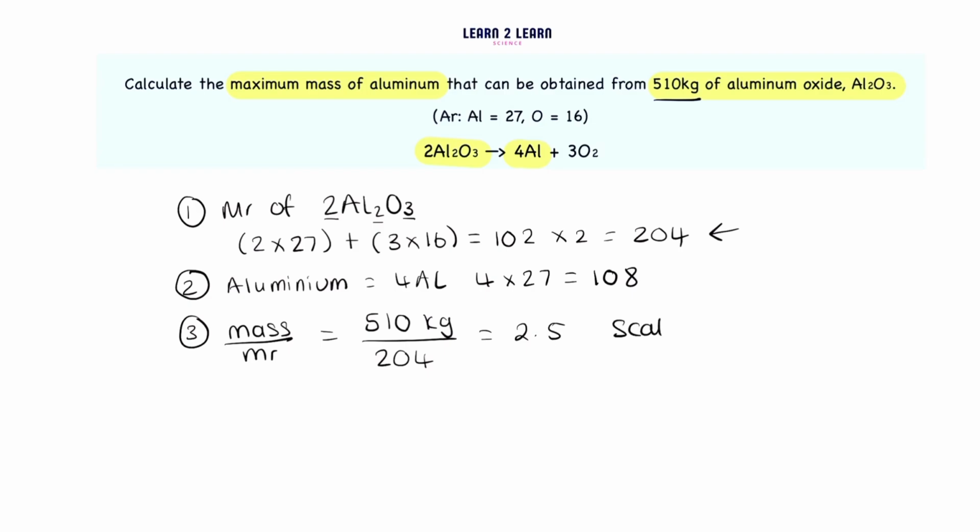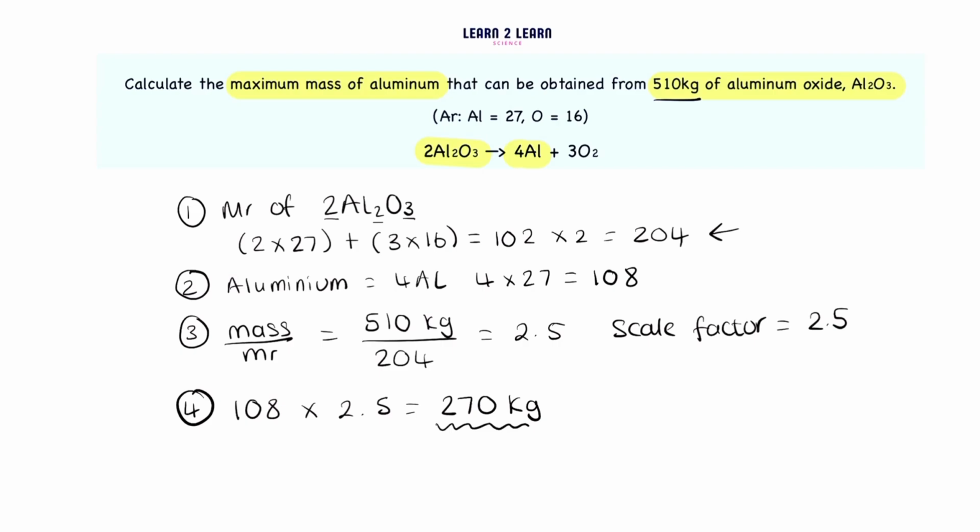So that means our scale factor is 2.5, which is what we are going to use in part 4 to scale up aluminium. Now we have worked out in part 2 that our aluminium is 108 for its MR. We are going to times that by its scale factor of 2.5 to give us our mass, which is 270 kilograms. Note I haven't touched the units, I'm just using the same ones in the question.